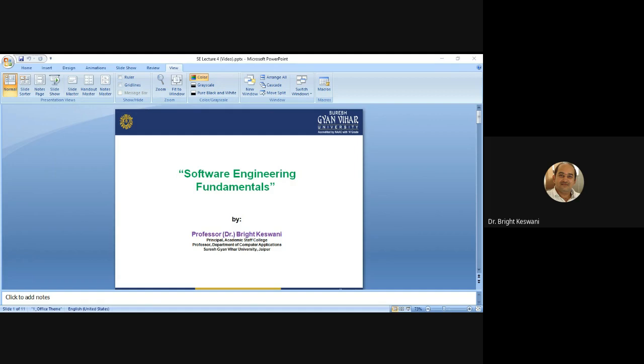Machines, meaning hardware, should be functional, software should be appropriate, and design should be available. If all these are available, we can say that our software is technically feasible.